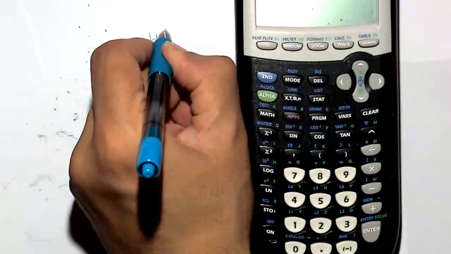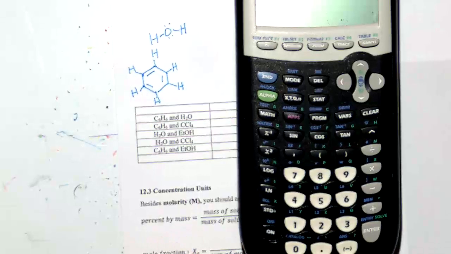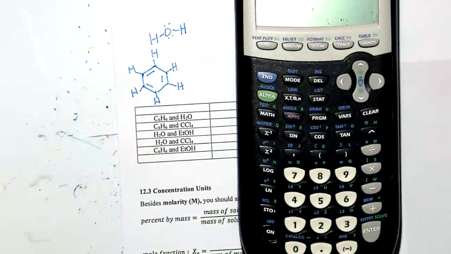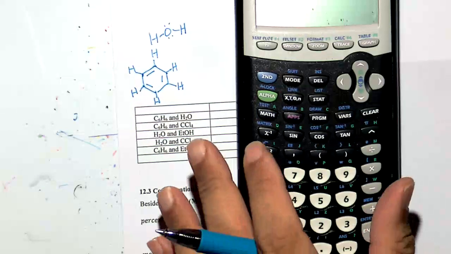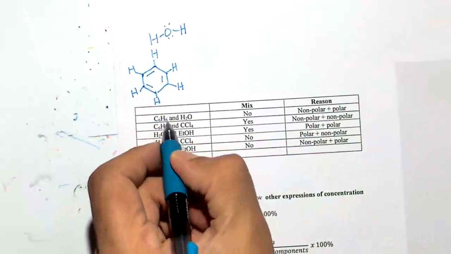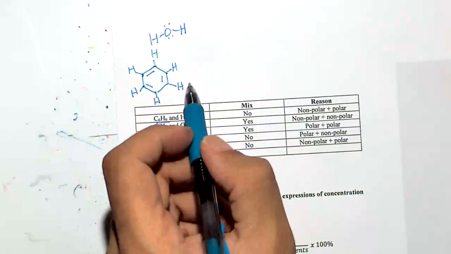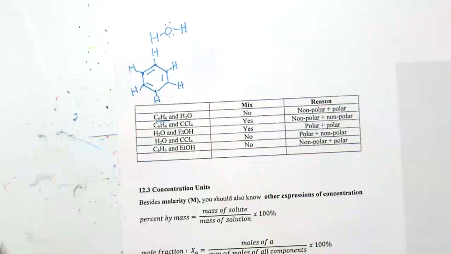And water, we all know, is bent. So will benzene and water mix? Yes or no? They're immiscible, but why? Because benzene is nonpolar and water is polar. What's the major IMF in benzene?